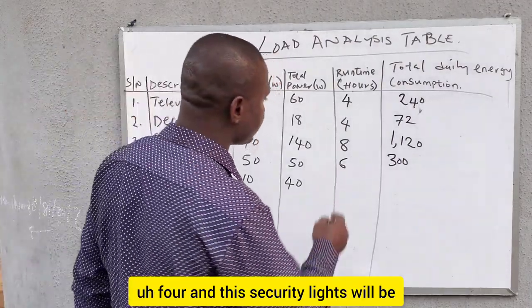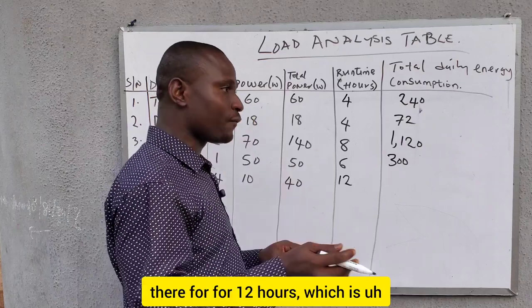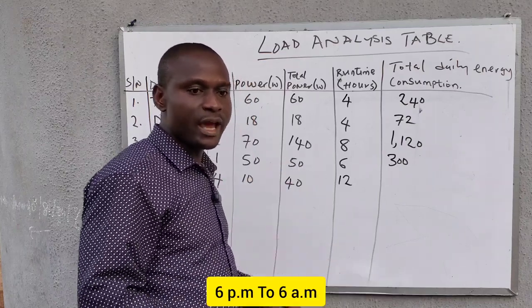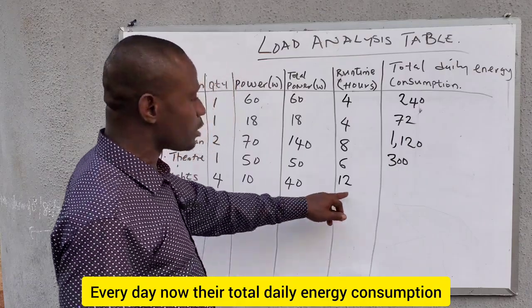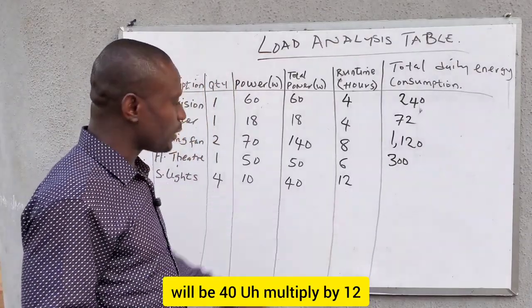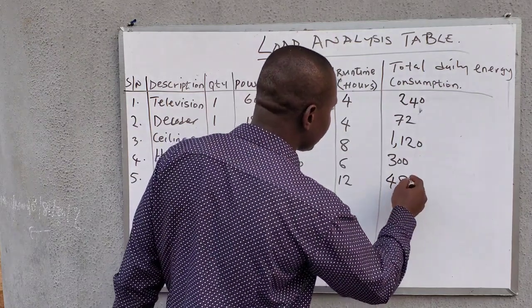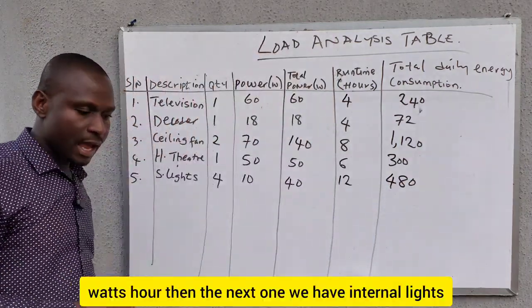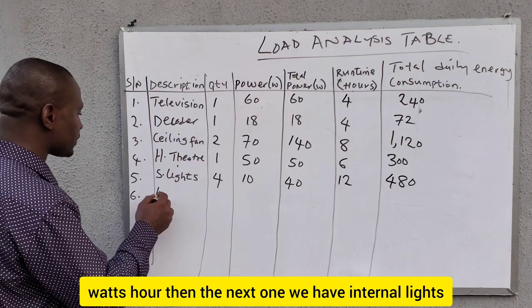And these security lights will be on for 12 hours every day, which is 6 p.m. to 6 a.m. every day. Now, their total daily energy consumption will be 40 multiplied by 12, which is 480 watt hours.